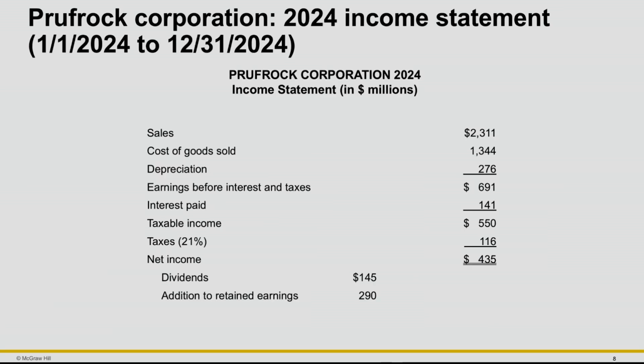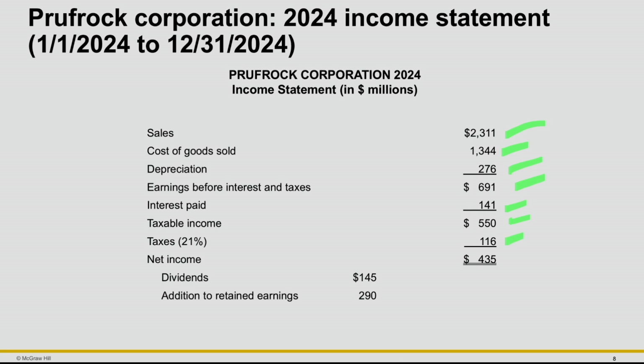Now we're going to look at this income statement, and that will allow us to not only look at sources and uses of cash, but we'll also be able to actually construct a statement of cash flows. So here we have sales, 2311. Cost of goods sold is 1344. Depreciation 276 for an EBIT of 691. Then we have interest that we paid back to our note and bond holders of 141, leaving us with an EBT, or taxable income, of 550.